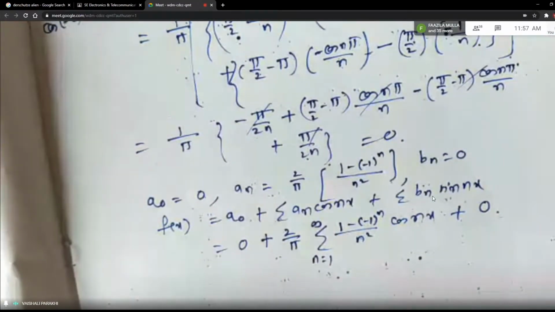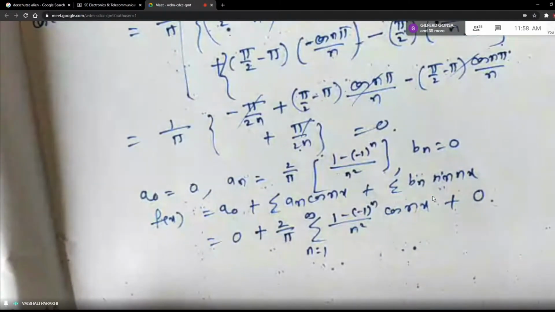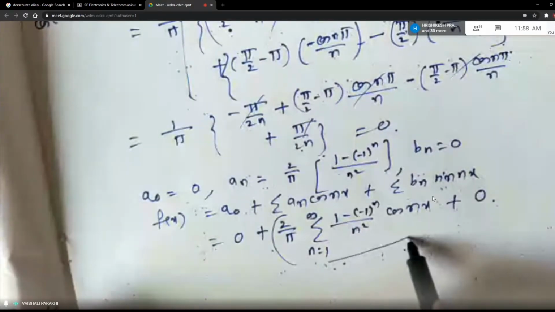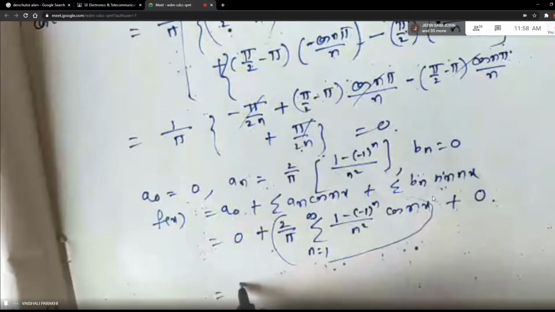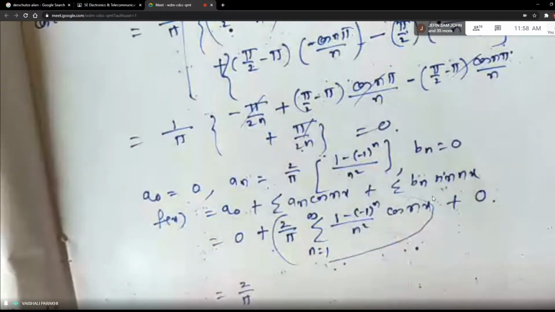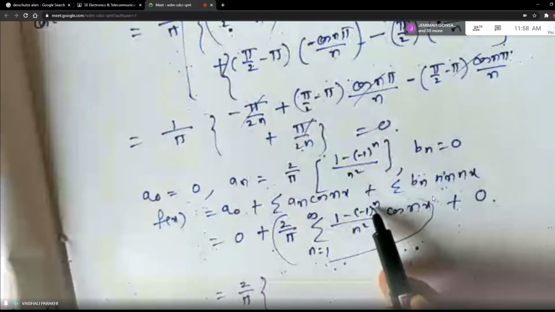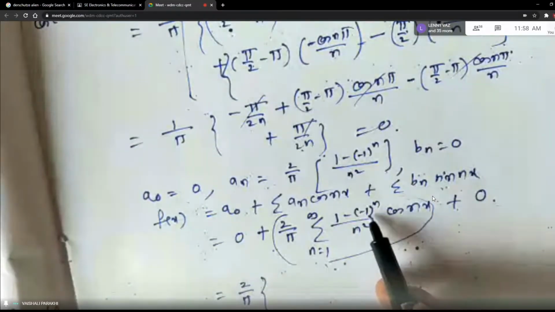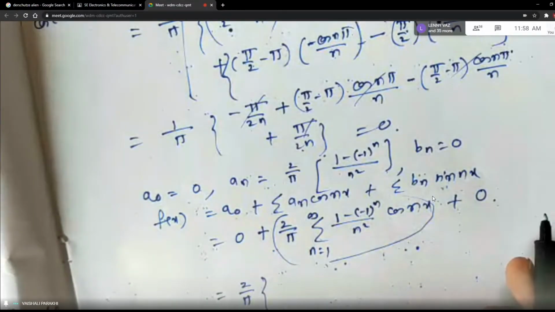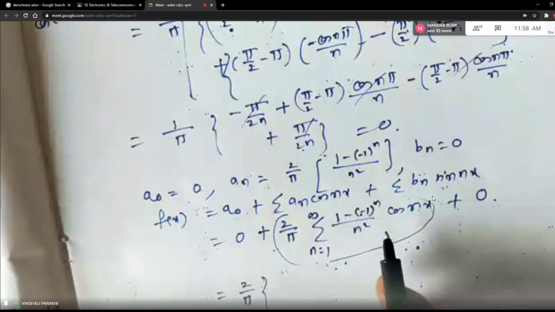2 by pi you can take out, because 2 by pi is independent of n, right? So only this term you need to expand. How to expand this term? First put n equal to 1. Wherever there is n, put 1. Now when I put n equal to 1, the minus 1 raised to 1 is minus 1.